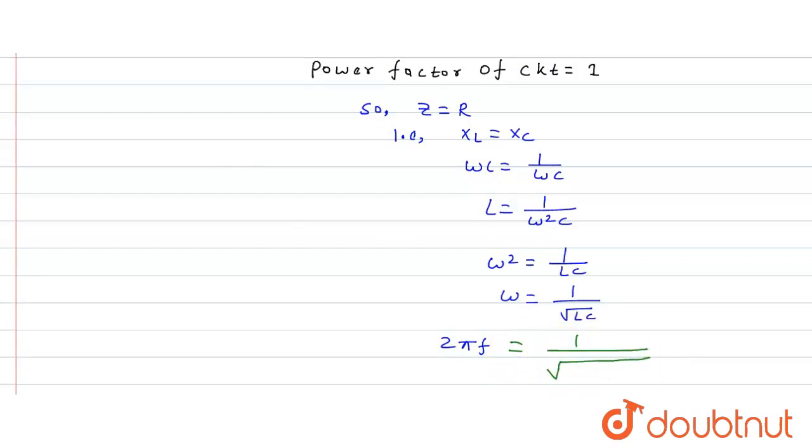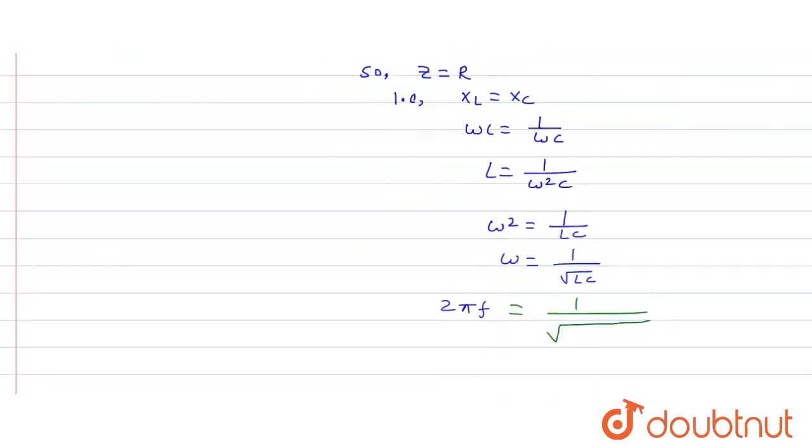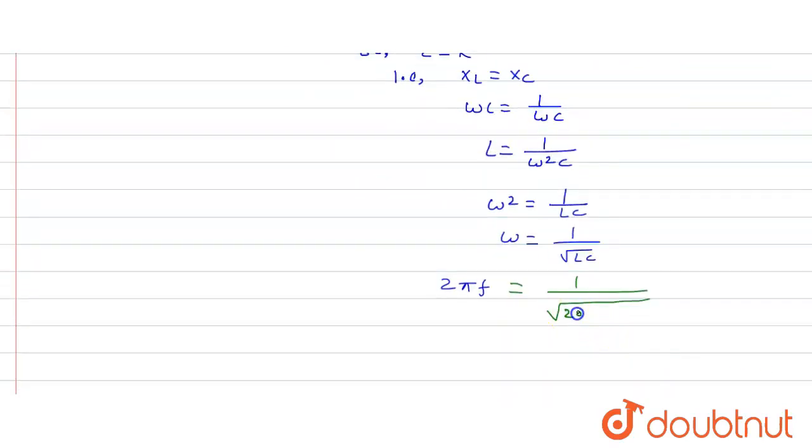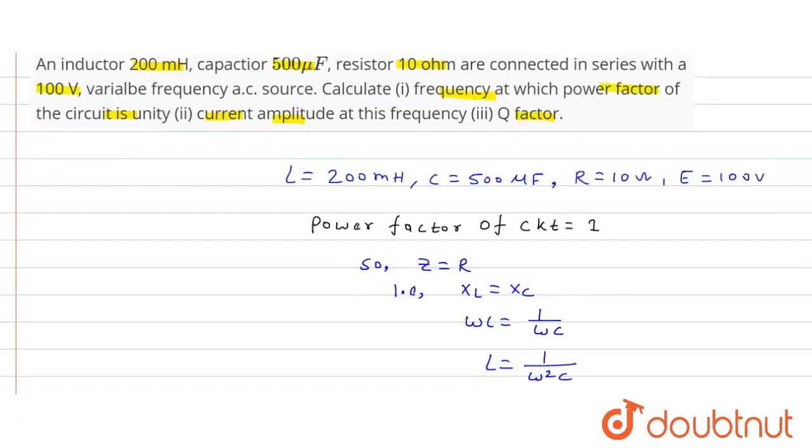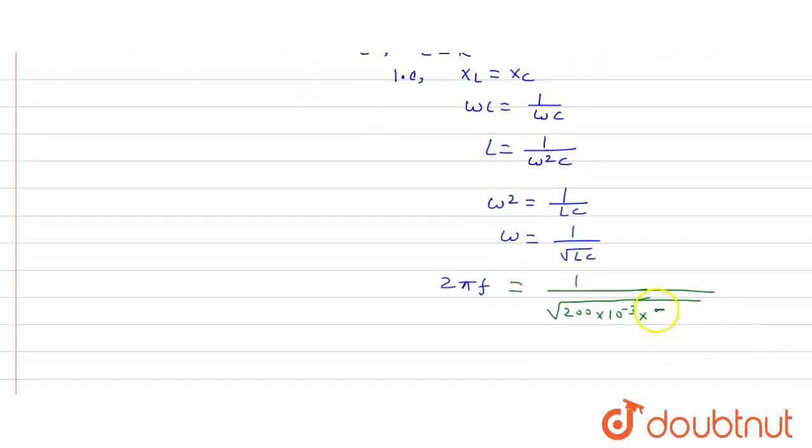The L value here is 200 millihenry, meaning 200 into 10 to the power minus 3, and C is 500 microfarad, meaning 500 into 10 to the power minus 6.